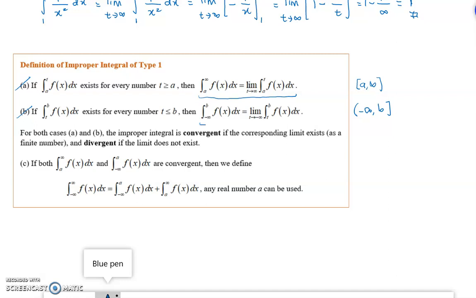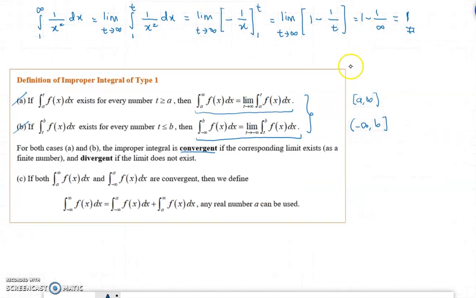For these two cases, the improper integral is called convergent if the limit exists, meaning that it has a finite number. From the previous example, the integral of 1 over x squared from 1 to infinity results in 1, a finite number, so the limit exists.